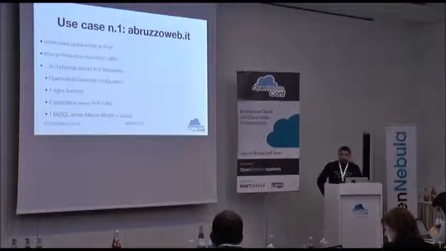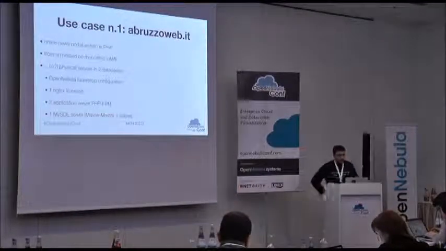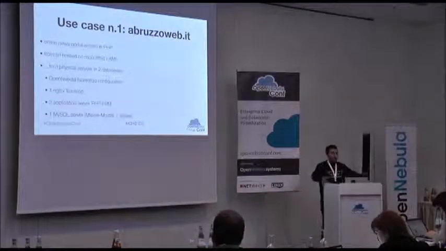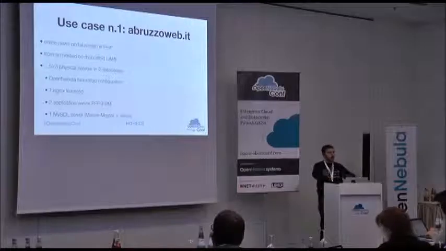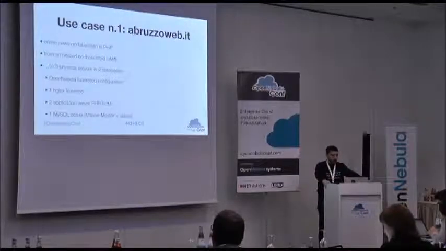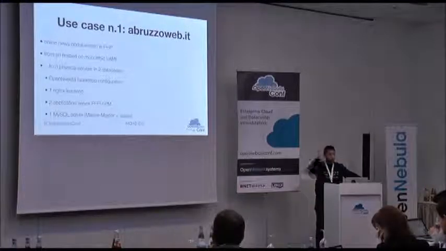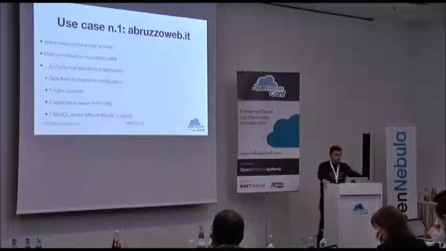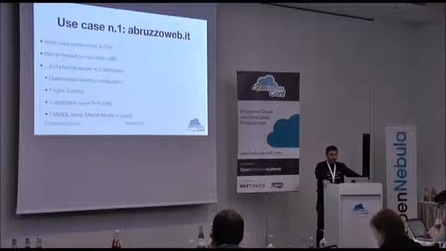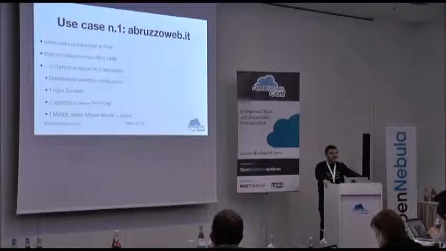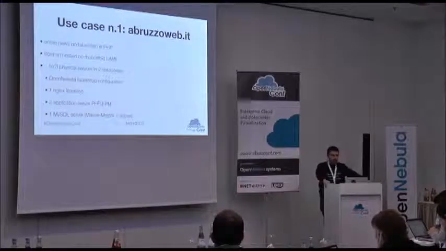Coming to some use cases. The first use case of a federation system with OpenNebula and our DNS system is Abruzzo Web. Abruzzo Web is an Italian news portal, made in PHP, which at the beginning stayed on a very cheap, monolithic LAMP server in Italy.